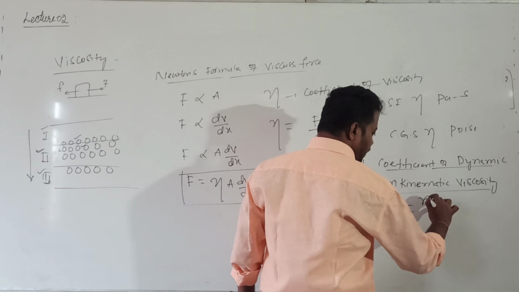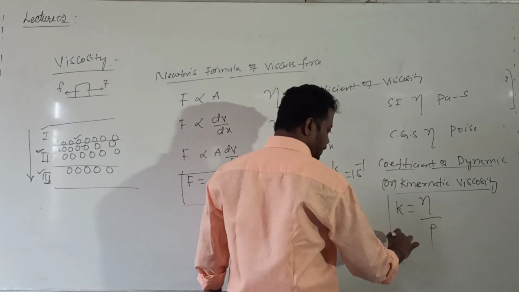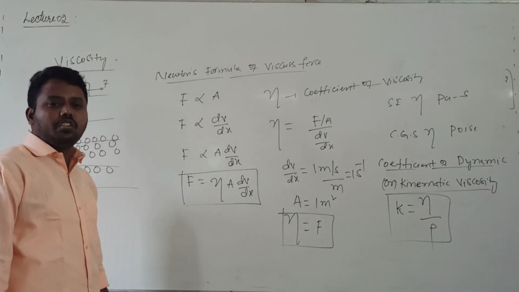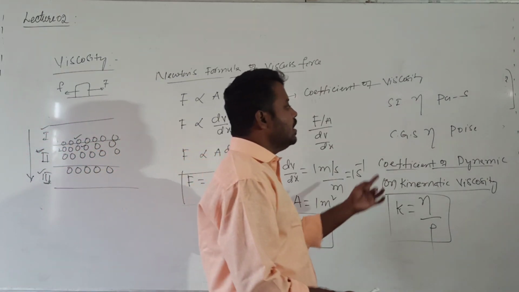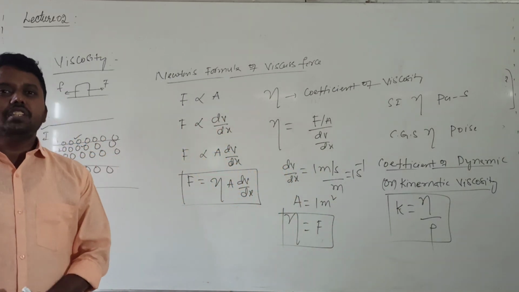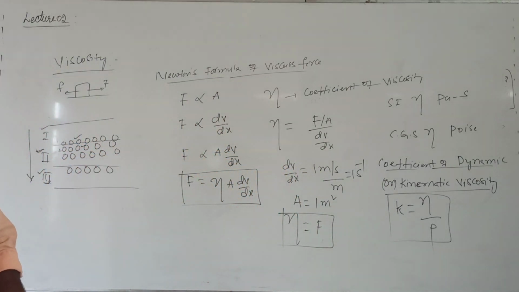It is the ratio between the coefficient of viscosity and the density of the fluid. That ratio gives us the coefficient of kinematic viscosity.